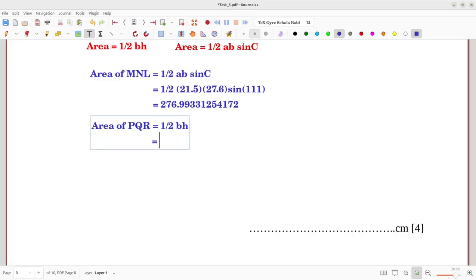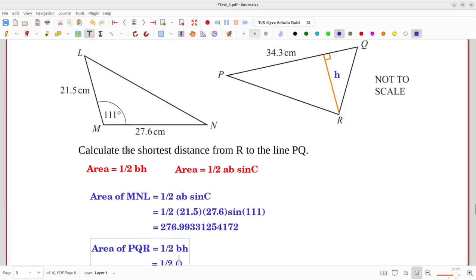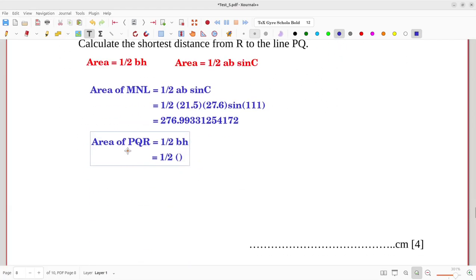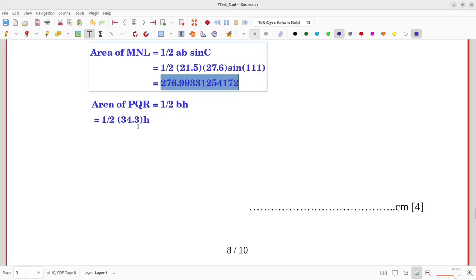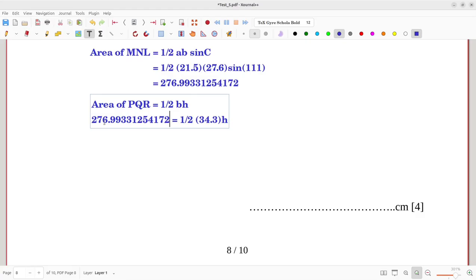So this is equal to half. What's the base? The base is 34.3, and then the height is h. Then this area it's actually known, it's this number here. Then from there, let's solve for h.